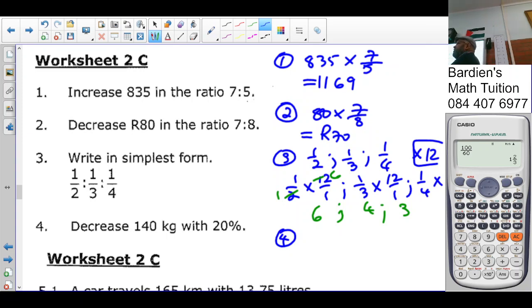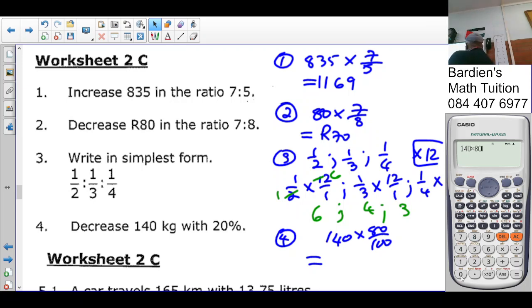Or we should know that we're retaining 80%. So it's going to be 140 multiplied by 80 over 100. So it's 140 times 80 over 100 gives us 112. That's one way of doing it.